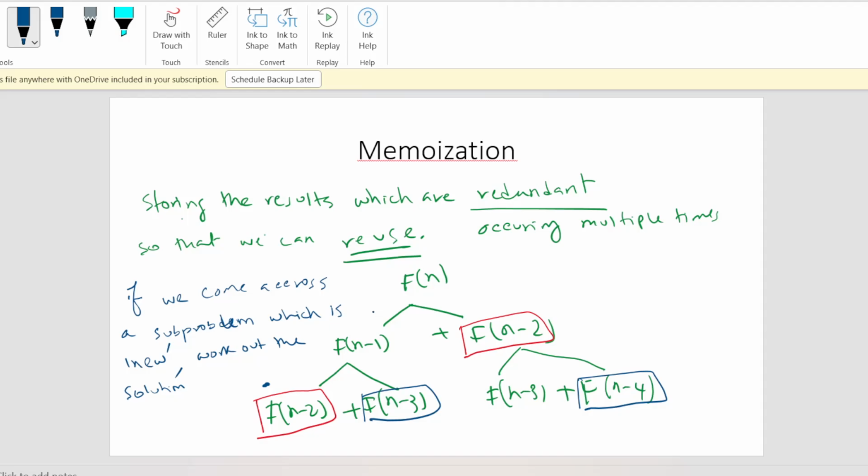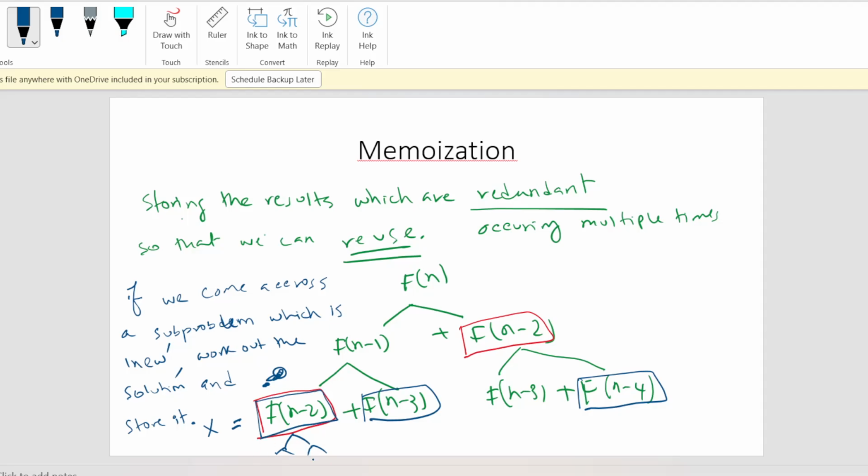তাহলে আমি প্রথমে এভাবে আসি। তো প্রথম যখন আমি এখানে আসলাম তখন কিন্তু আমি f(n-2) এই সাব প্রবলেমটা আগে কোথাও দেখি নাই। তাহলে কি করব, আমি ওর উত্তরটা ঠিক রিকার্সিভলি বের করব, অথবা এই ট্রি আকারে রিকার্সিভলি আমি বের করব, বের করে সেভ করে রাখবো। So if you come across a subproblem which is new, মানে আগে দেখি নাই, work out the solution and store it. লেটস সে আমি x নামে ভ্যারিয়েবলে সেভ করলাম। So this is a subproblem that I am encountering for the first time.